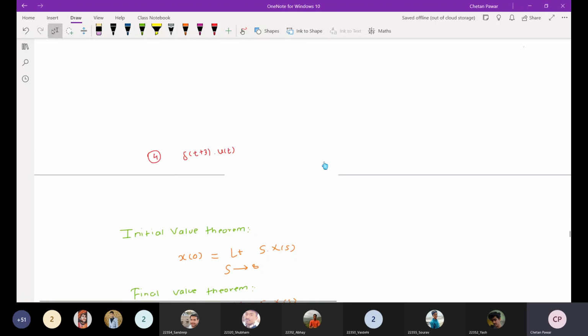Okay, so you need to find out the Laplace transform of this signal, del of t plus 3 into u of t. So what is the Laplace transform? Anyone can tell me? What will be the Laplace transform of this, del of t plus 3 into u of t? This is the impulse function, right? And this is a unit step function.